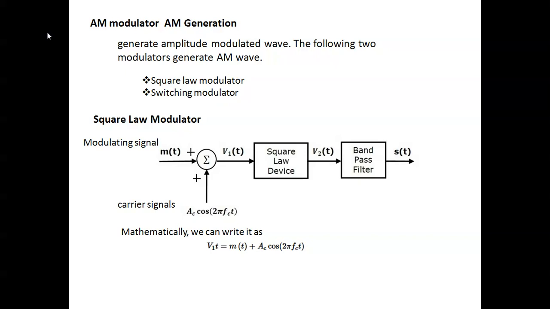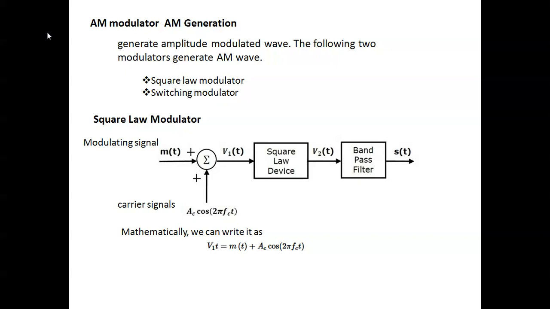The modulating signal or message signal sent to the input of the square law modulator is mathematically represented as Am cos 2πfmt. Similarly, the other input, the carrier signal, is Ac cos 2πfct.